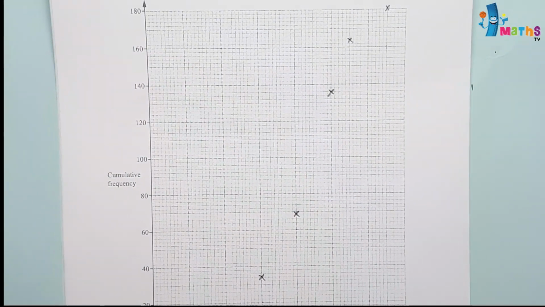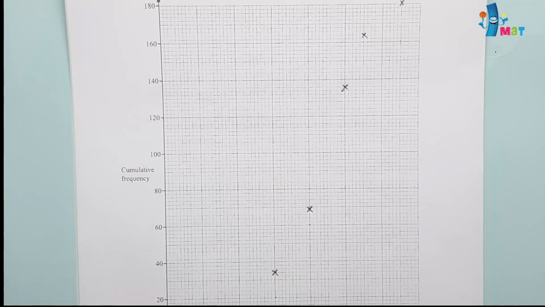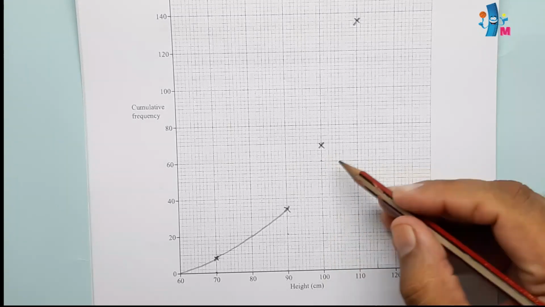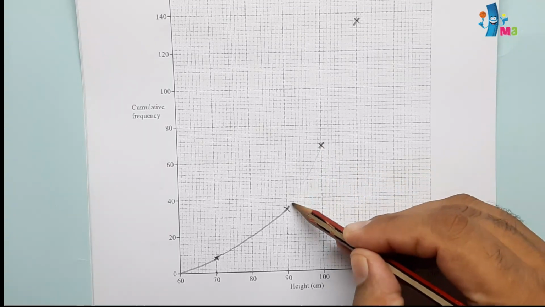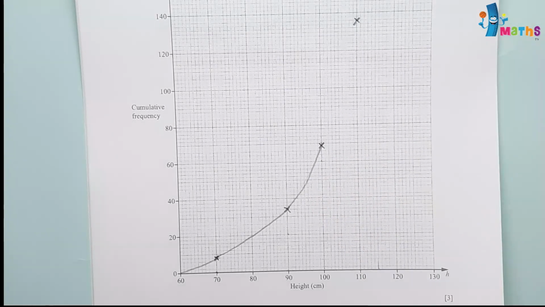Now we just have to draw the freehand curve. We will be joining this with 0 from this side, and we will draw this one, so you can see here. We can further extend this graph.